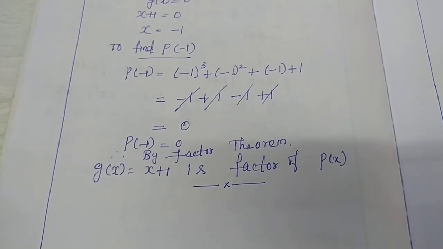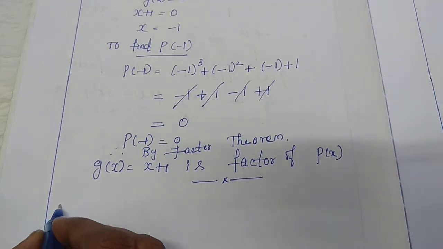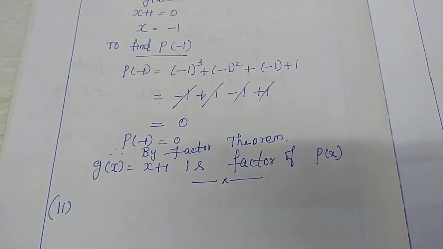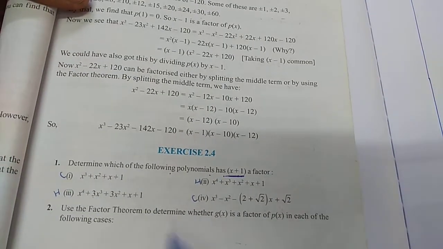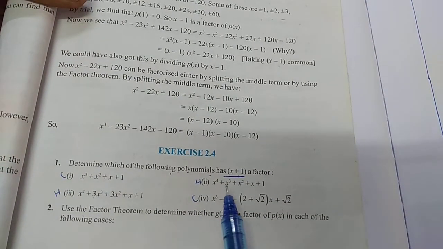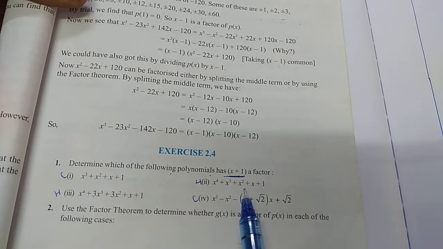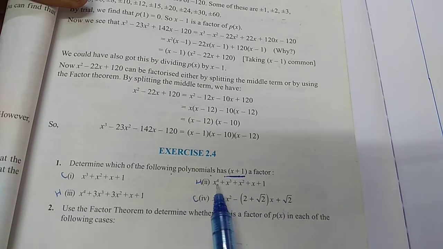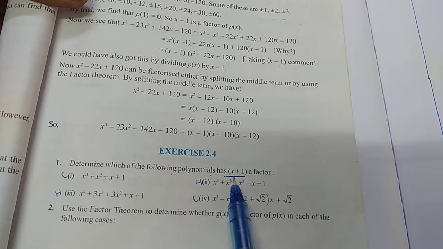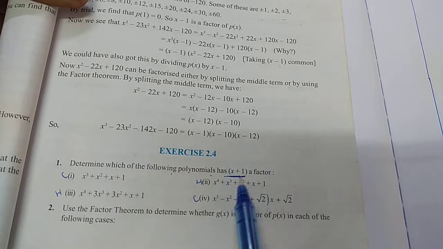So now start the division number 2. Division number 2. The question is x power 4 plus x cube plus x square plus x plus 1. So take this as p of x, and the checking polynomial x plus 1 as g of x.